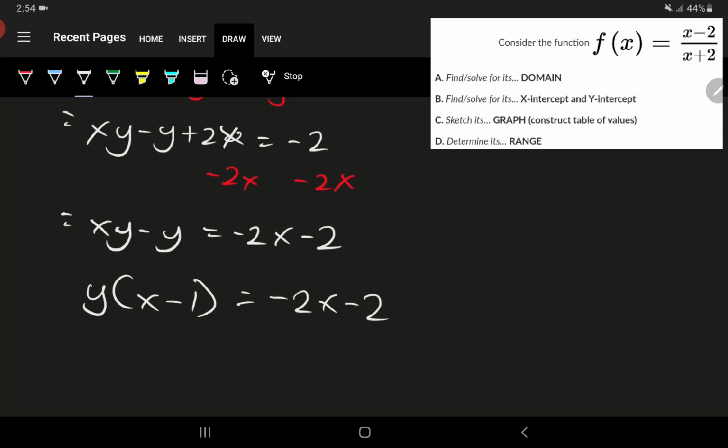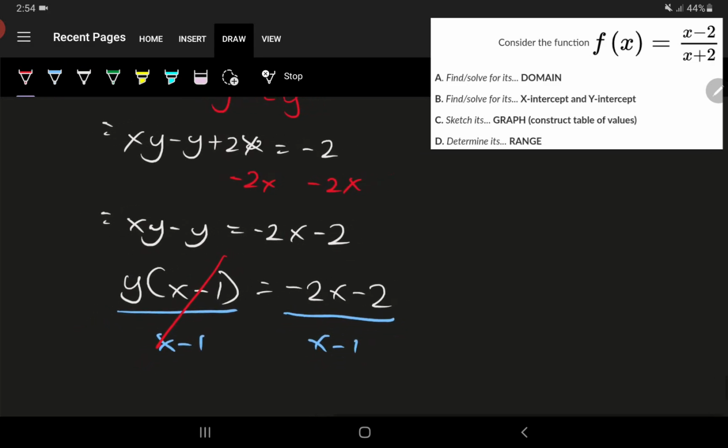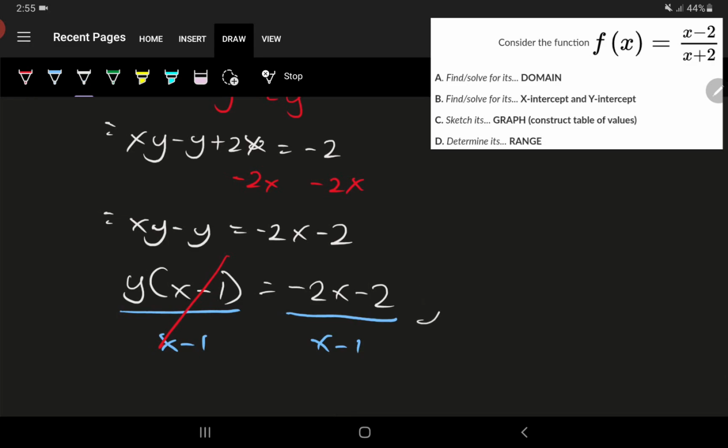And since we want to solve for the value of y, we are looking for a single value of y, so let's divide both sides by x minus 1, to allow us to cancel this one. And therefore, the value of y for this given expression is y is equals to negative 2x minus 2 over x minus 1.